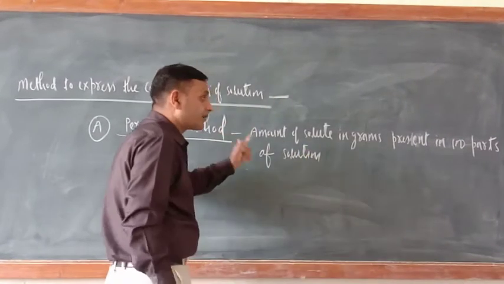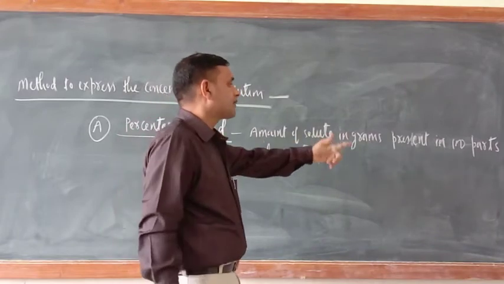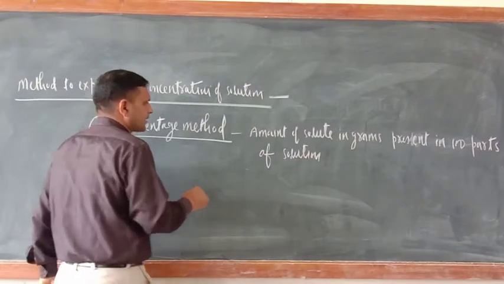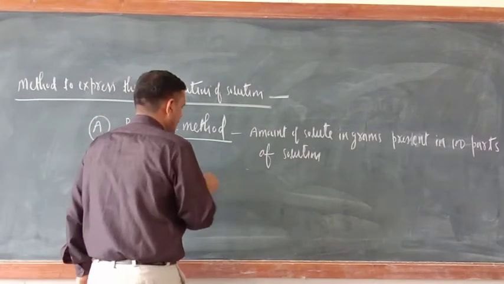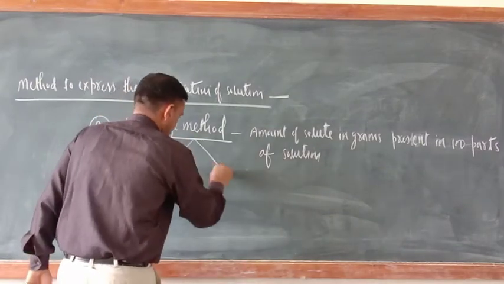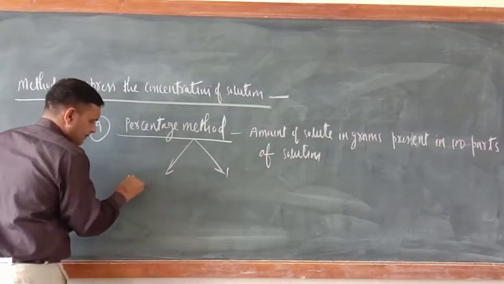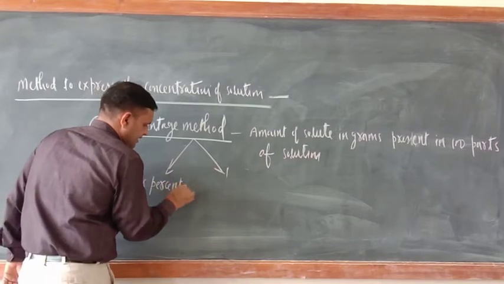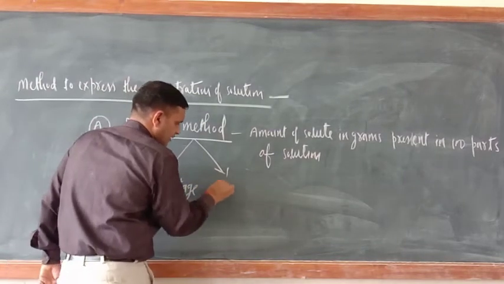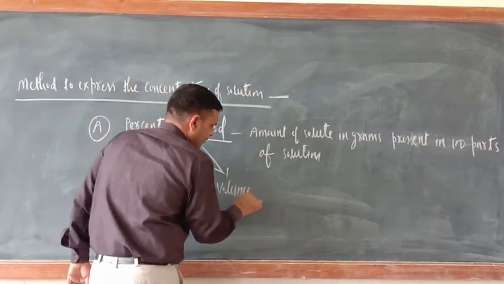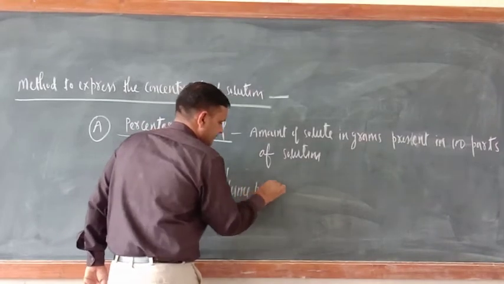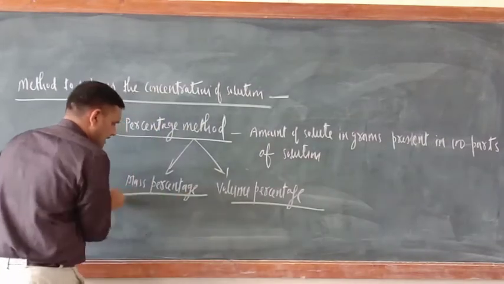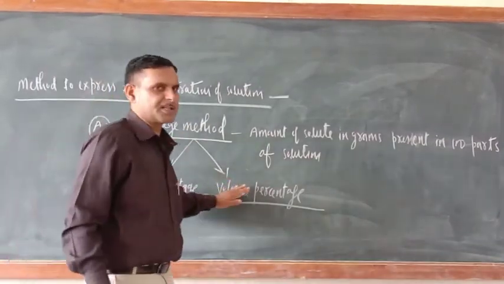So amount of solute in grams present in 100 parts of solution, and this is of two types. How many types? Two types are there. The first one is mass percentage. Second one is volume percentage.